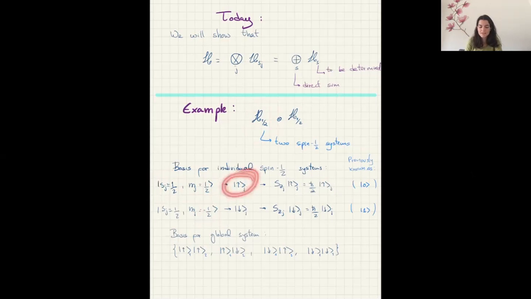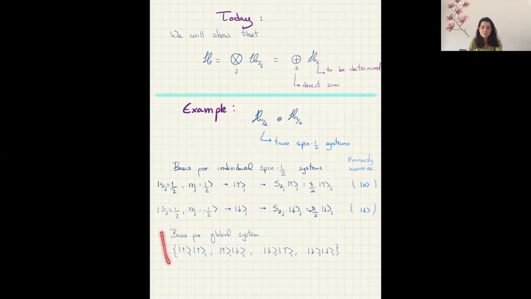So spin up is the one that has eigenvalue ħ/2 for Sz, and spin down is the one that has eigenvalue minus ħ/2. Previously, when we were talking about qubits, this was state 0 and this was state 1, right? And in the Bloch sphere, it's the state that's on top and the state that's at the bottom.